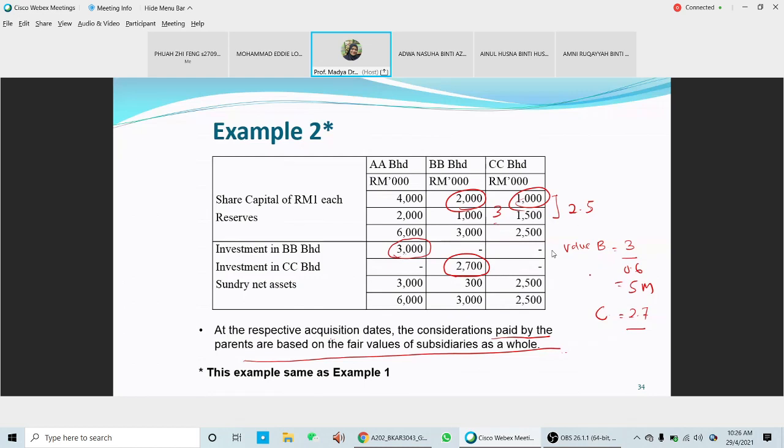So 2.7 divided by 75% equals 3.6. This is the value of B and C as a whole company. We need to use this information later.